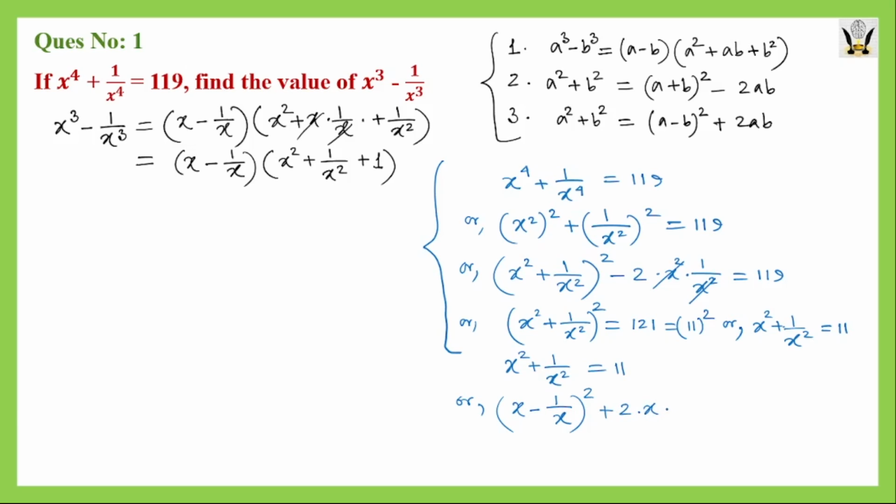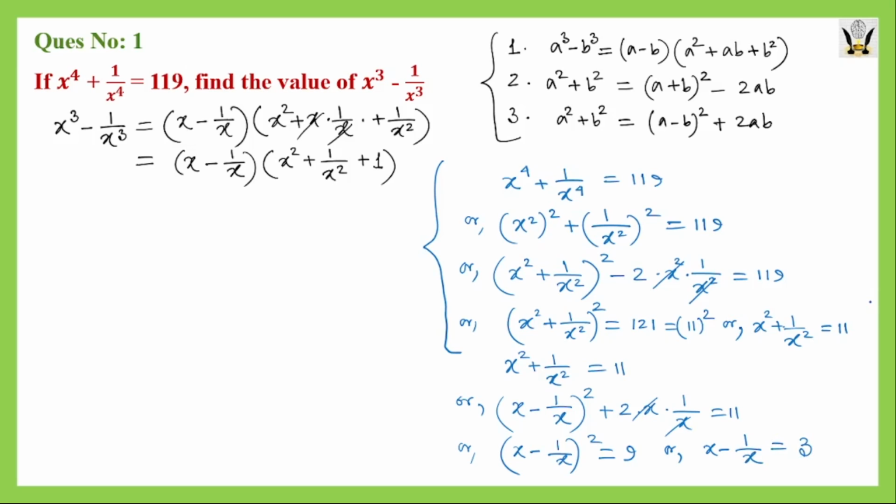So 2x multiplied by 1 by x, and that will be equal to 11. So this x and this x in the numerator and denominator will cancel each other. So further we can write x minus 1 by x whole square will be equal to how much? 11 minus 2, since we have plus 2 on the left side, so it will be 9. So we can further write x minus 1 by x equal to 3.